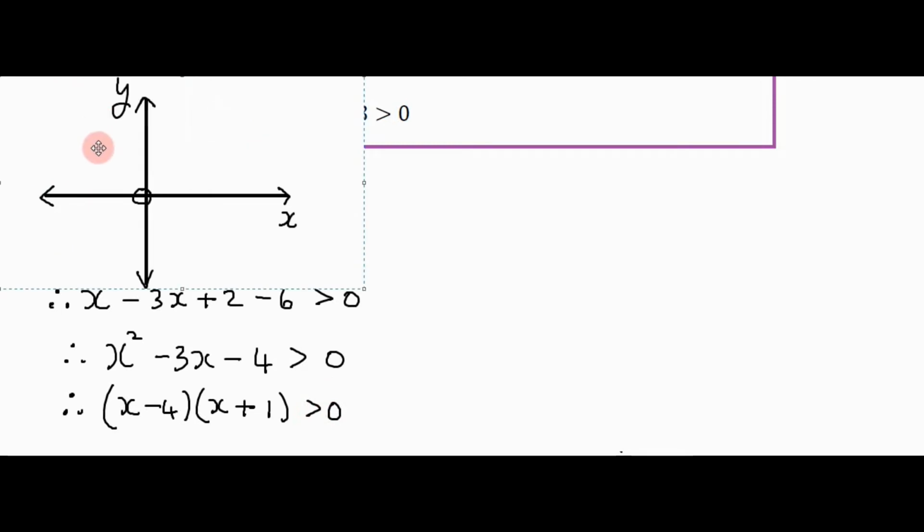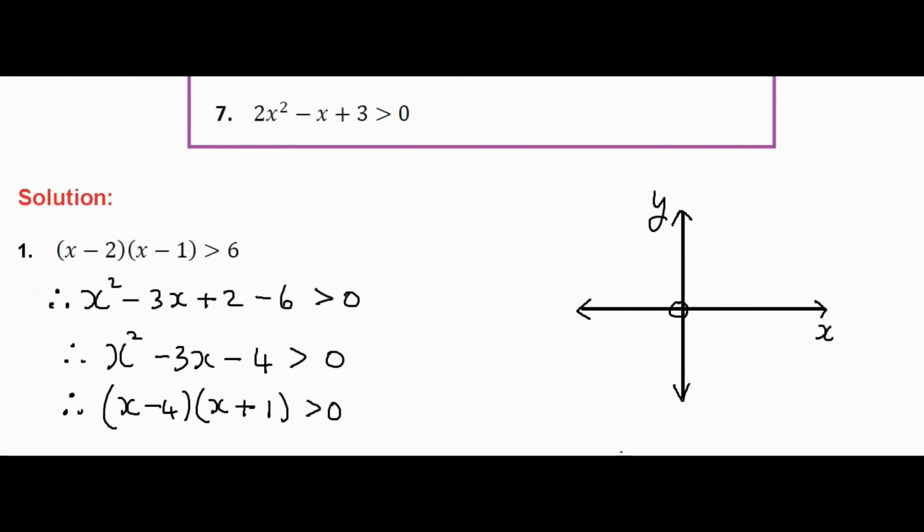Now we can draw a rough sketch of a parabola. Our roots will be negative 1 and positive 4. So let's draw the sketch. So this is the parabola, and the roots are, as we said, negative 1 and positive 4.